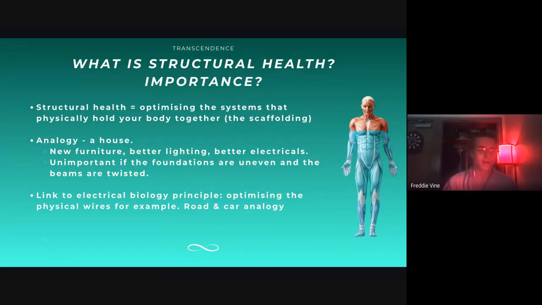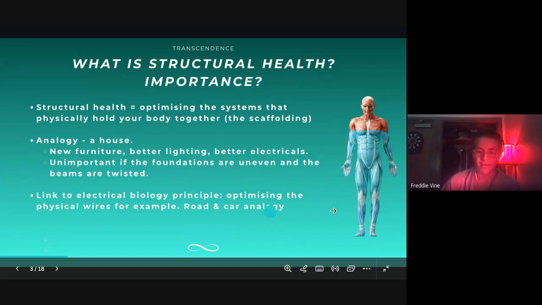We've been upgrading the internals, the furniture, the lighting, better electricals, but none of that really matters if the foundation, which is your physical structure, is uneven or bottlenecking you. So that's the focus of today: optimizing the scaffolding within which everything else is operating. I think it's quite important just based off of that alone.